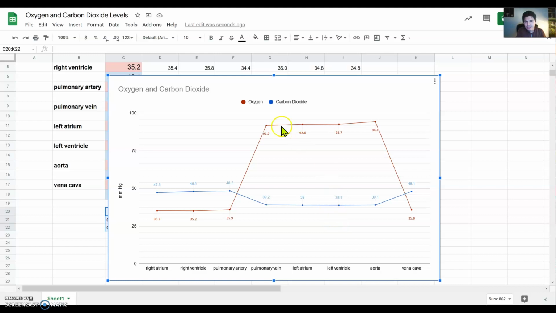A few things that I did: I actually had to swap the colors. Oxygen was in blue, and so I gave it more of a blood red color, dark red. I put some labels here. So I tweaked a lot of things so that, again, the emphasis is more on the trends and not so much on the other details.